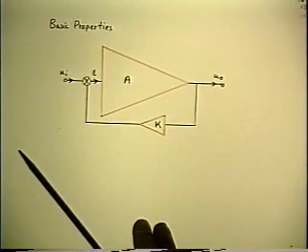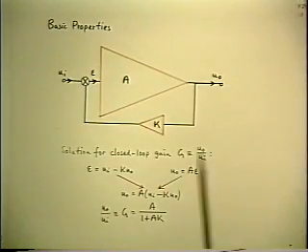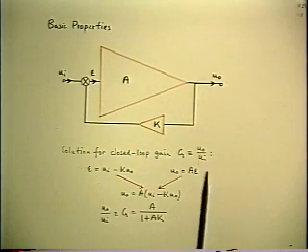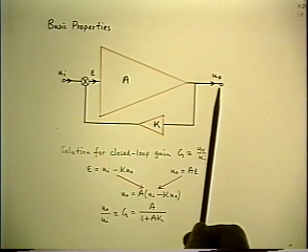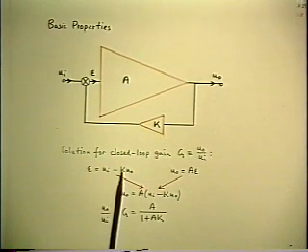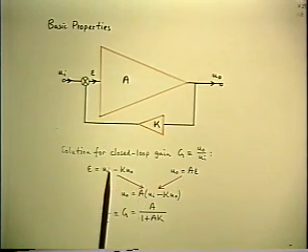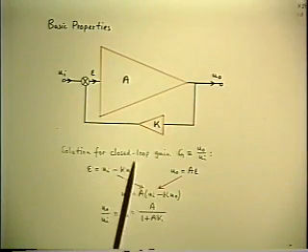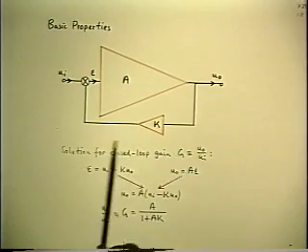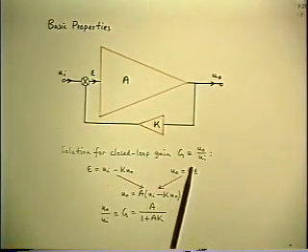The standard algebra that goes with this is you want to solve for the closed loop gain, the gain of the system in the presence of the feedback, which I'm designating as G. And what you do is you write two equations. One equation says the error signal is the difference between the input signal and the fed back signal, which is K U sub O. The other equation is the output signal is A times the error signal.